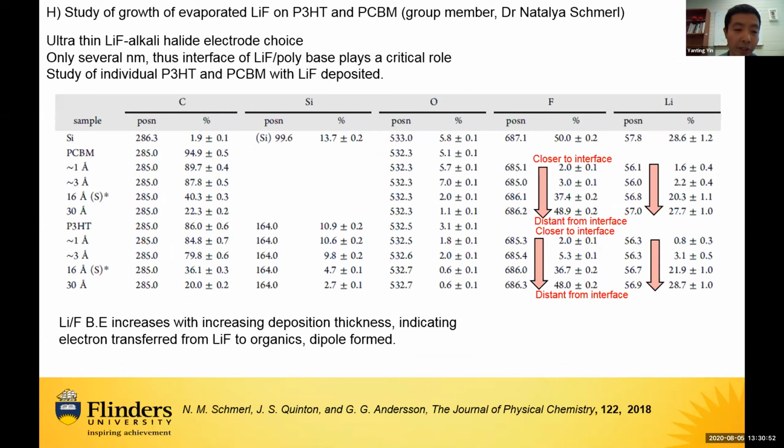What she did was evaporate lithium fluoride from low thickness to a higher one on the P3HT and PCBM. In this case, she found that the polymer did not shift, but the lithium fluoride actually shifted. So the work is actually inverse from mine.